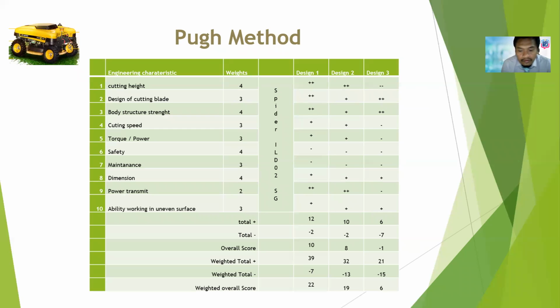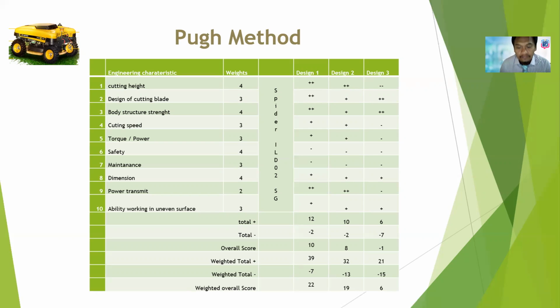So from the Pugh method, we got the higher score for design number one. The second is design number two, and the lowest score is design number three.